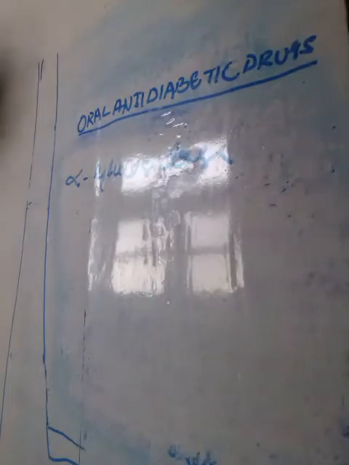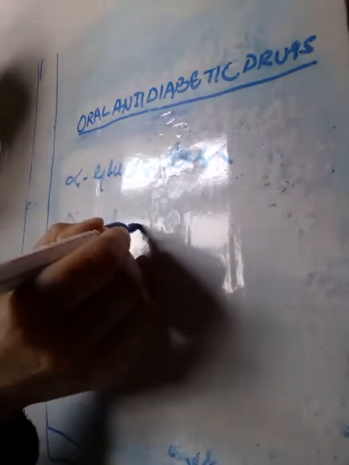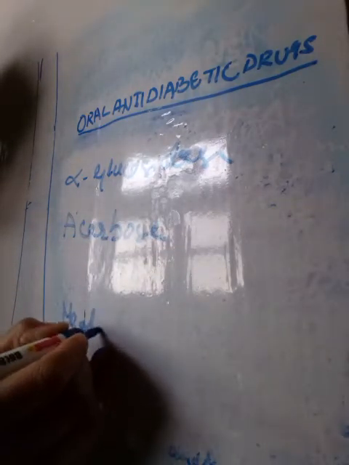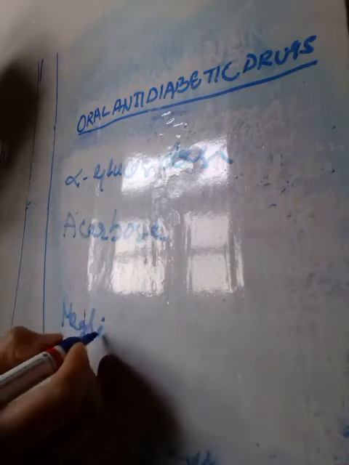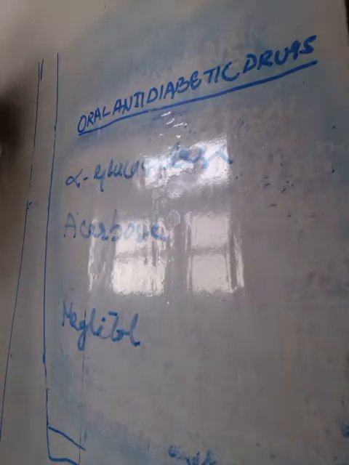In alpha-glucosidase inhibitors, we have two drugs, that is acarbose and miglitol. Acarbose reduces the glucose absorption from the upper intestines and thereby produces the antidiabetic effect.